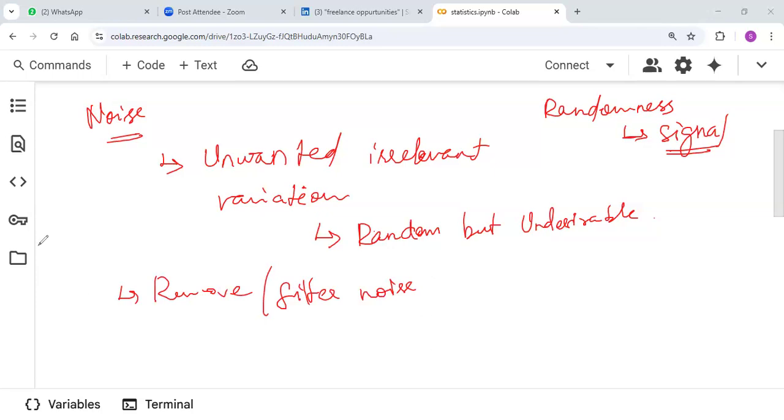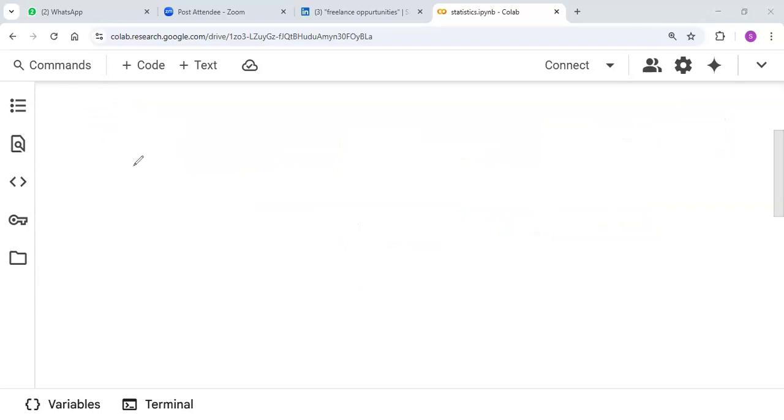So it is not happening due to natural variation. It is actually unwanted variation. For example, a temperature sensor should record 25 degrees Celsius for that particular temperature.